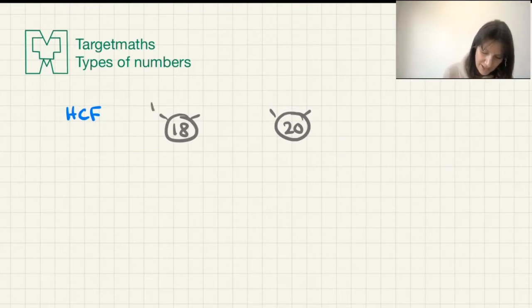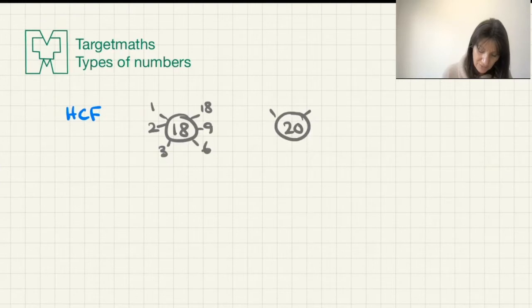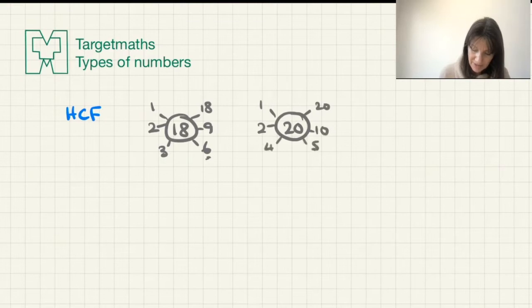Okay, so I've got 1 and 18, 2, 9, 3 times 6. It's not in the 4s, it's not in the 5s, it's in the 6s. I've already got that, so I can stop. 1 and 20. 2 times 10, it's not in the 3s. 4 times 5, and then obviously I've already got the 5.